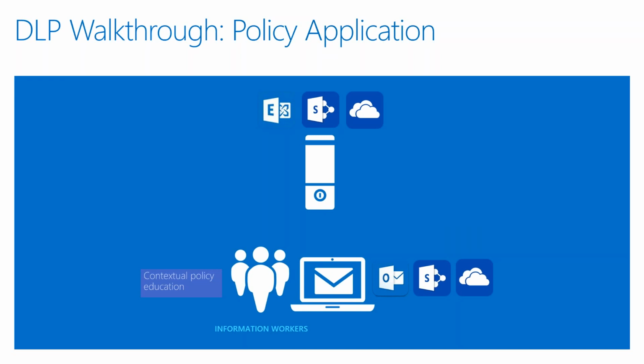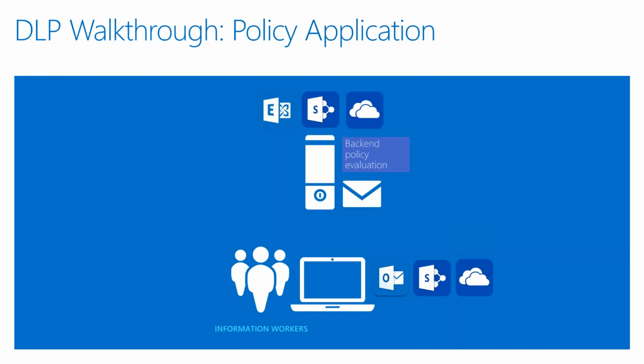So in this example, you can see how a policy that's been defined can be applied to some of the products, but regardless of the end device an information worker may be using, ultimately an email sent from the Outlook web client, mobile, or a desktop client is sent to Exchange Online or Exchange Server, where the policy has already been defined, and the server makes the final call on the policy.